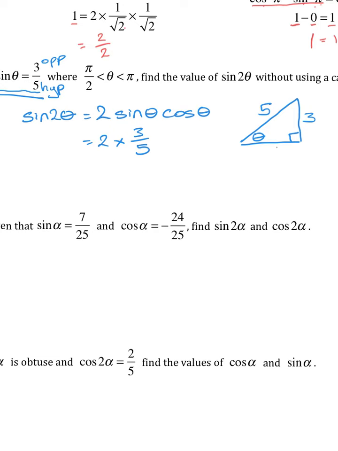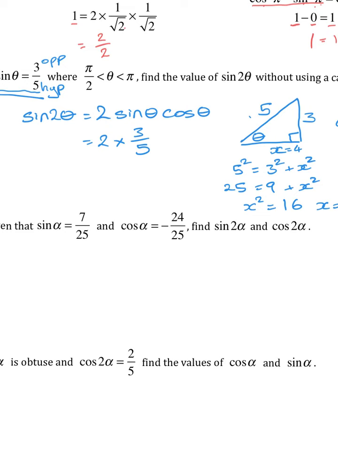Hopefully you already know that it's 4 using Pythagoras, but if you're not sure, let's label it x. 5 squared equals 3 squared plus x squared. So 25 equals 9 plus x squared. Minus 9 from both sides, you get x squared equals 16. And square root, x is 4. So that means cos theta, adjacent over hypotenuse, is 4 on 5.